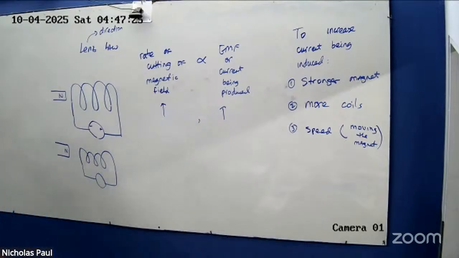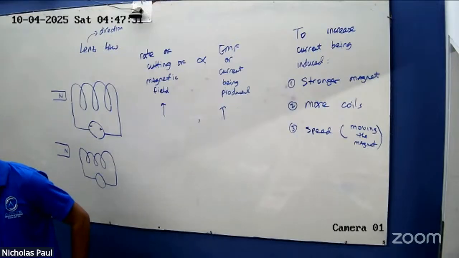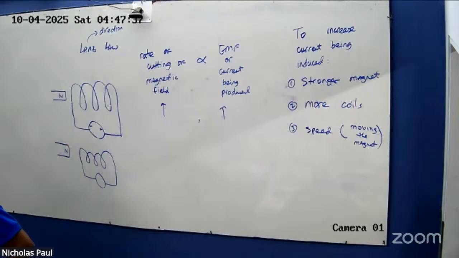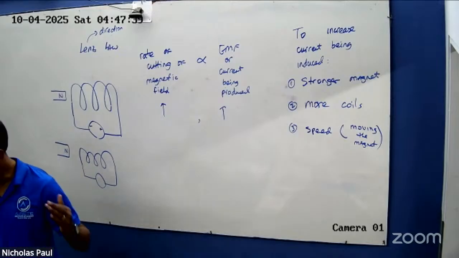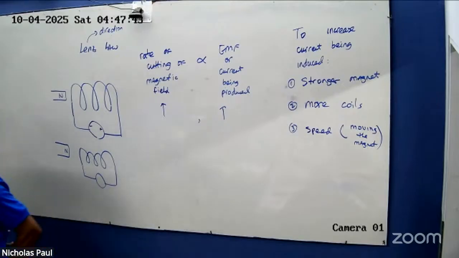Always opposes the motion. Always. Always opposes the motion. In this case, of the magnet. But it always opposes motion. Catch the idea?